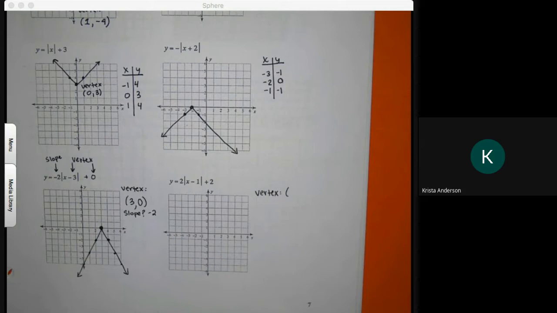Remember, if the pattern does not make sense to you and you're thinking, I have no idea what's going on, you should have your calculator out and you should be substituting in numbers. See if you can find points to graph it.